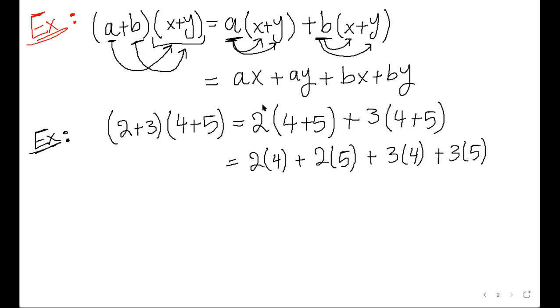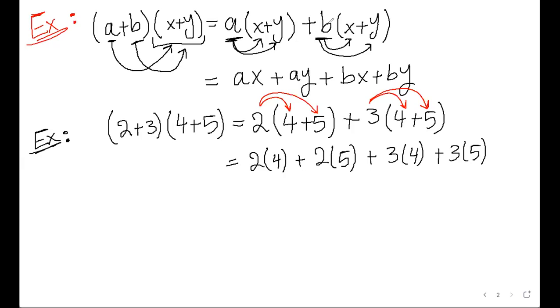It would be short if you solved the parentheses first. With numbers, we add 4 plus 5, and then we multiply by 2. We can do that, and that is also right. But I want to show how to use these properties for this example.